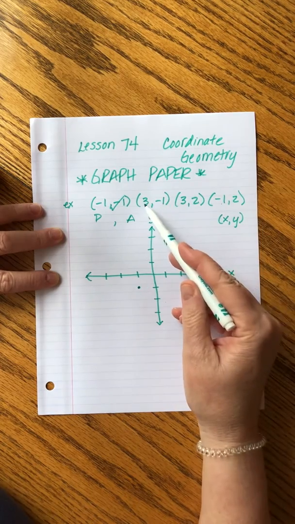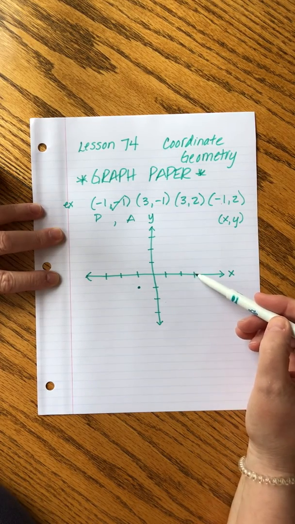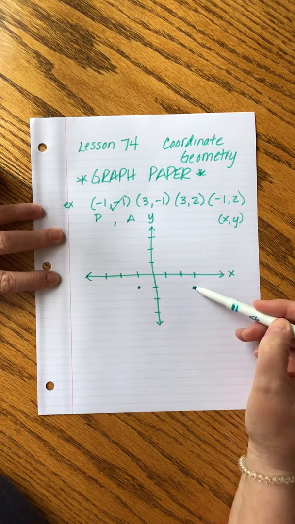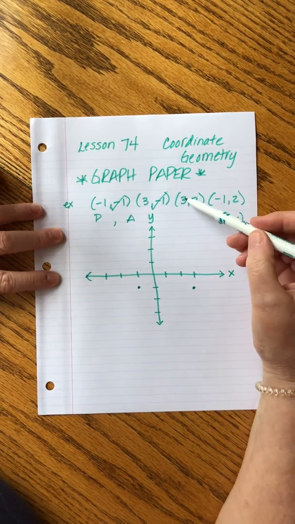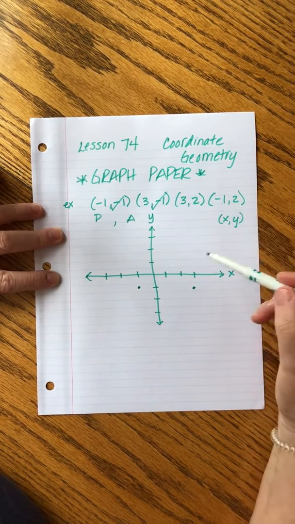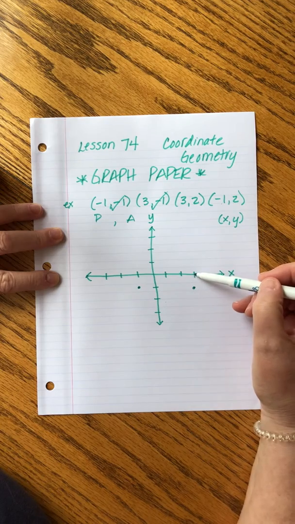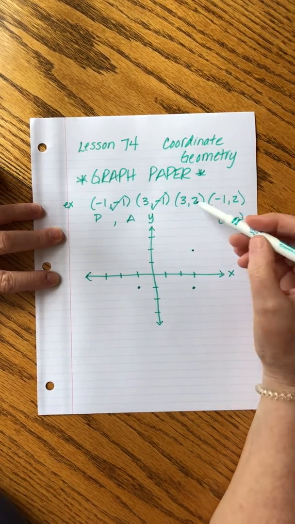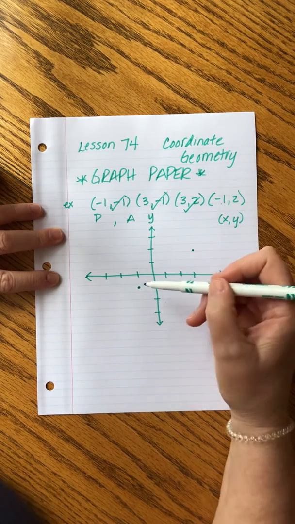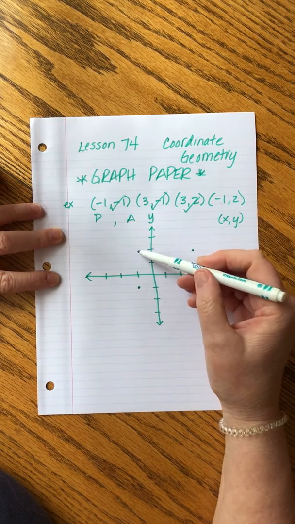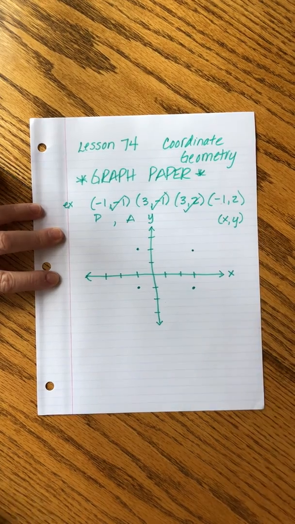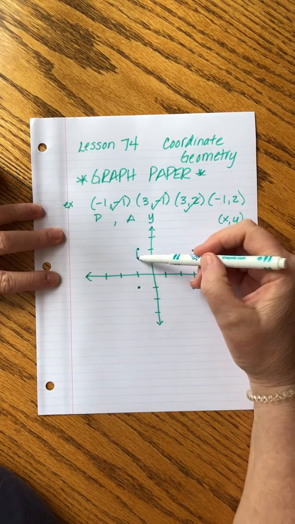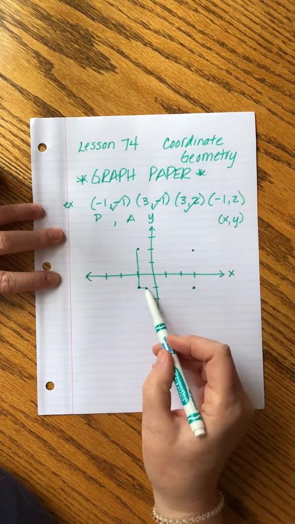So on the x-axis, 1, 2, 3, and then -1. Check. 3, 2: positive, positive. 1, 2, 3 on the x-axis, 1, 2 on the y. And then -1 and 2: -1 on the x-axis, 2 on the y. Oh, and there's my rectangle. I can see it nicely, right? It goes like this.